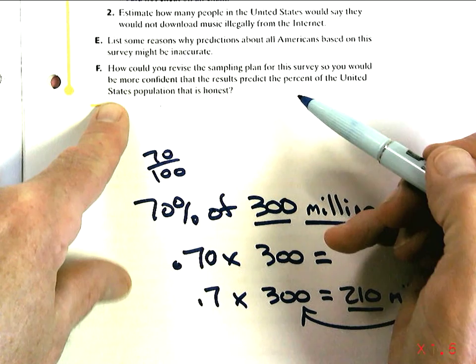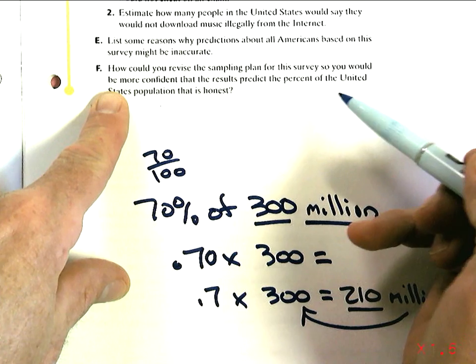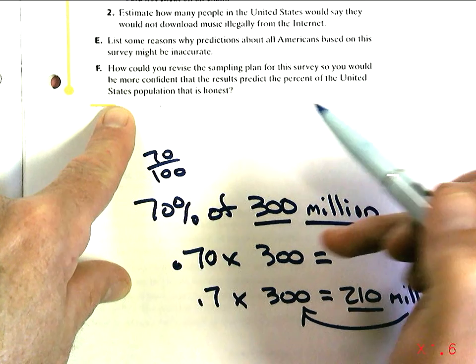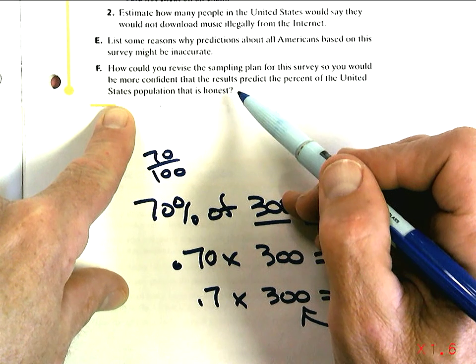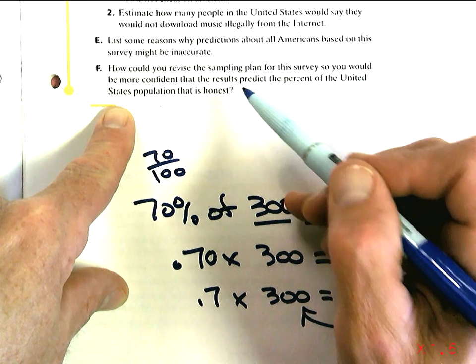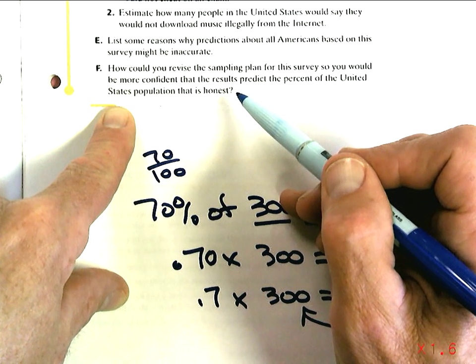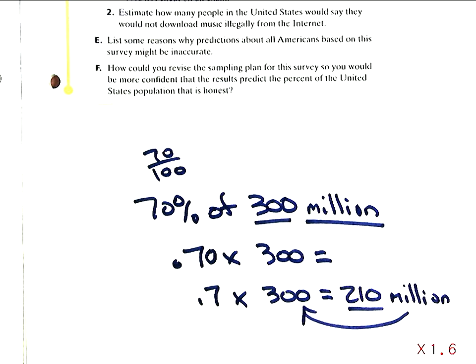And so it's very difficult, even when you get to question F, to revise the sampling plan so that you would be confident the results predict the percent of the United States population that's honest. You would have to find a way to survey a representative sample of the people of the United States in order to do that, which means you would have to get this survey out to a cross sample or a group of people that represents every person in the United States.